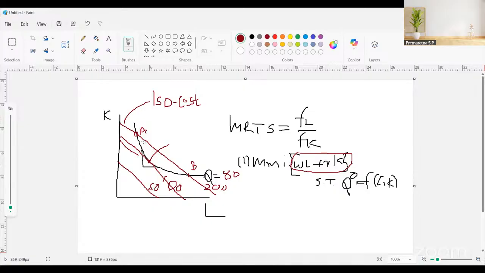Now, from the beginning, what we discussed is that the isoquant curve reflects the technical efficiency or technological efficiency, which means wherever the producer makes the decision, maybe the combination of inputs, for instance, A, B, C, all the points, producers are technologically efficient.